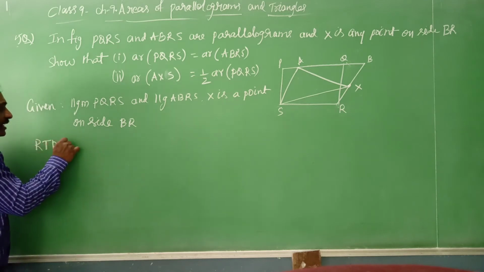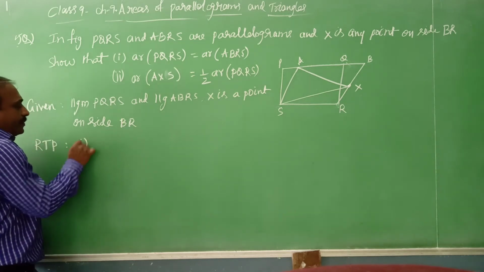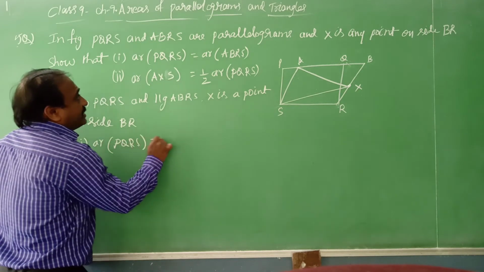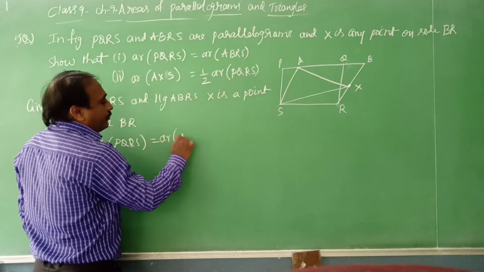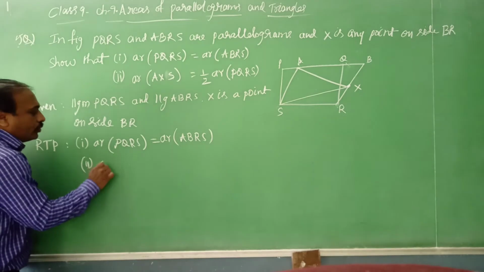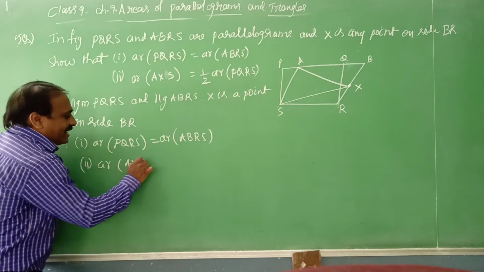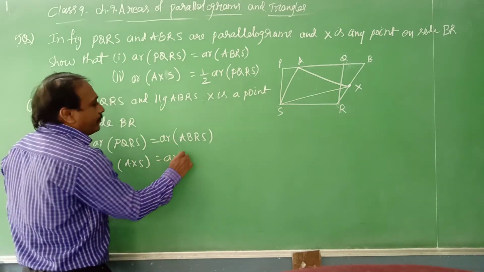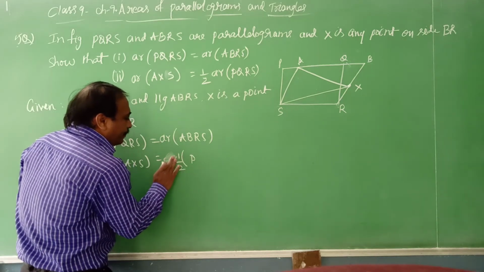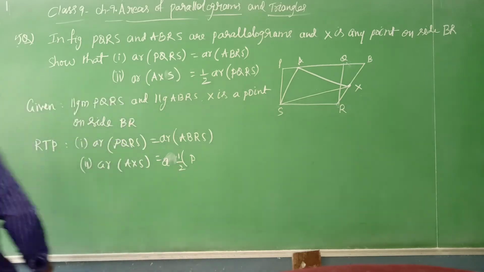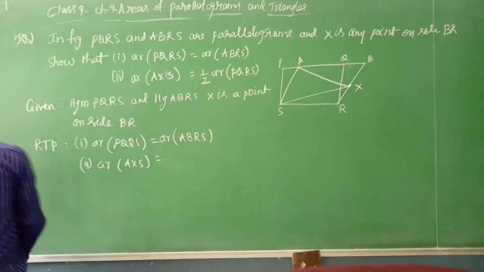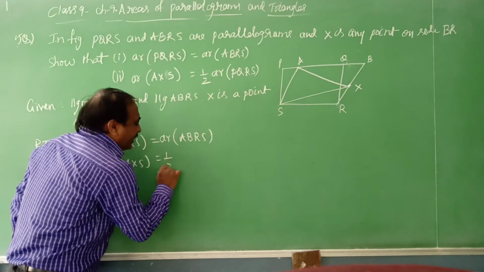Required to prove, the first one: area of PQRS is equal to area of ABRS. And the second one: area of triangle AXS is equal to half of the area of PQRS.